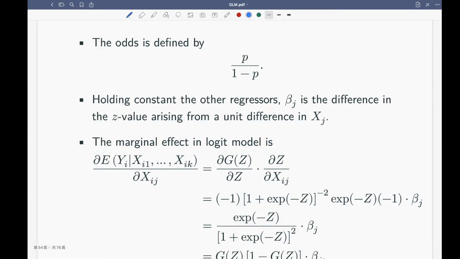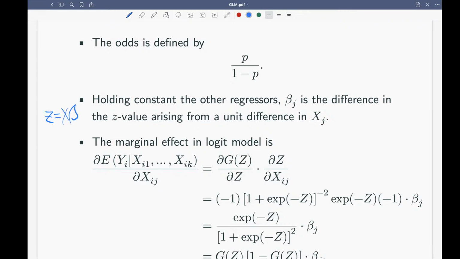Next, how can I interpret the coefficient? We do the same thing as for the Probit model, so we use a z value here. Z is equal to x beta.